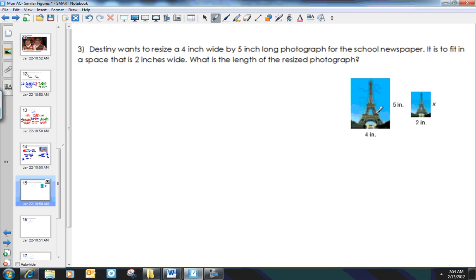Okay, if they look exactly the same, then you can decide what your proportion is going to be by drawing a plus sign. All right, and that might help you. And we'll talk more about that individually if you want to learn that method. So for this one, the height of the first one is 5 inches.